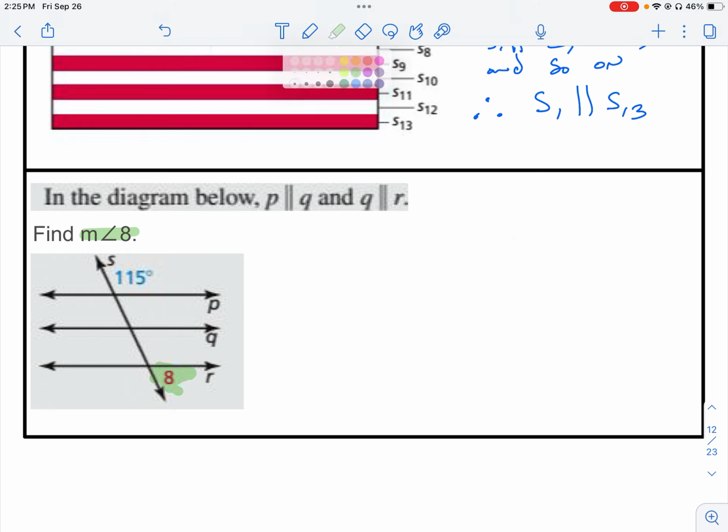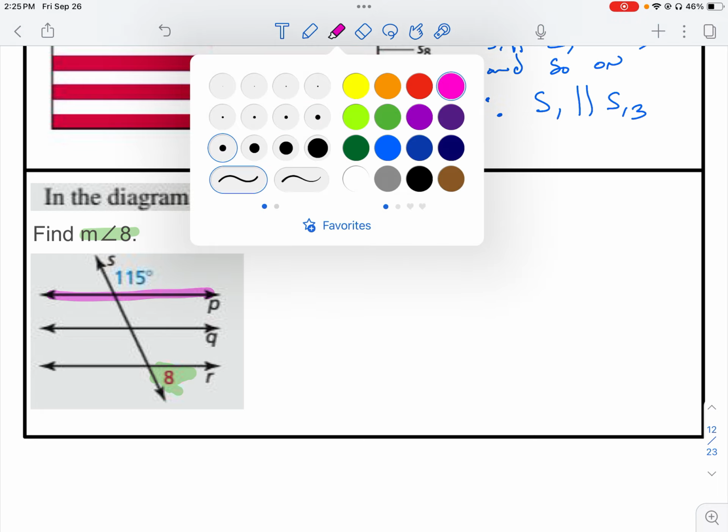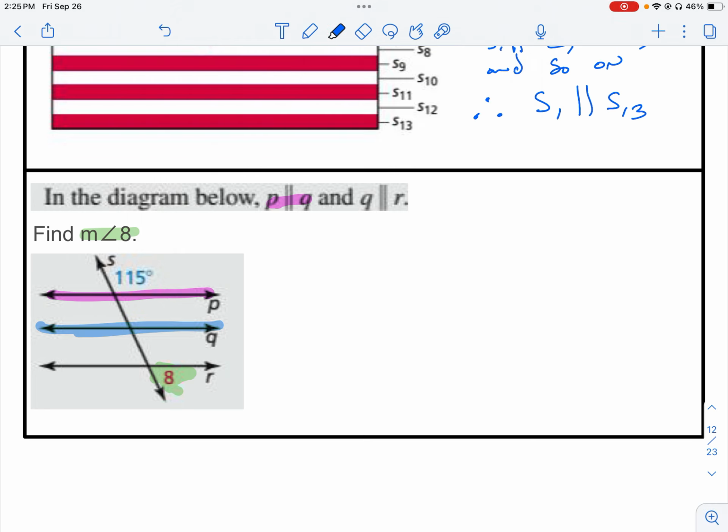We know that P is parallel to Q, and Q is parallel to R. If P is parallel to Q, then this angle here has to be 115 degrees. That's our corresponding angles theorem.